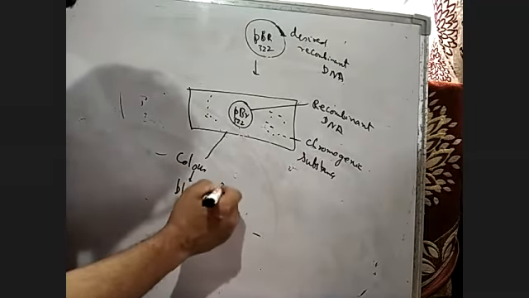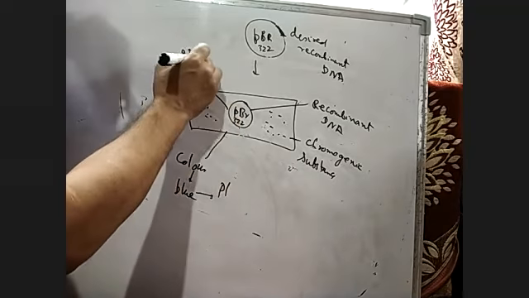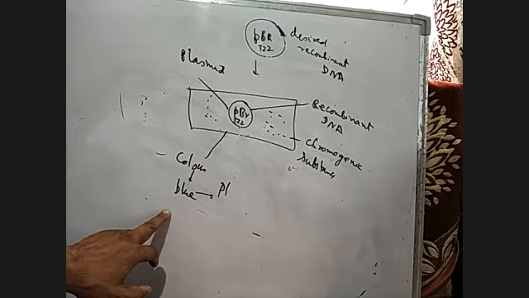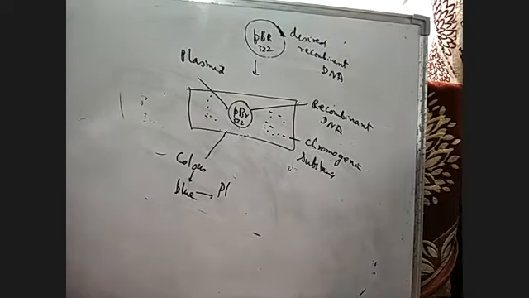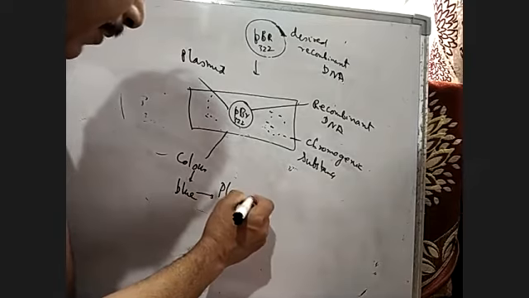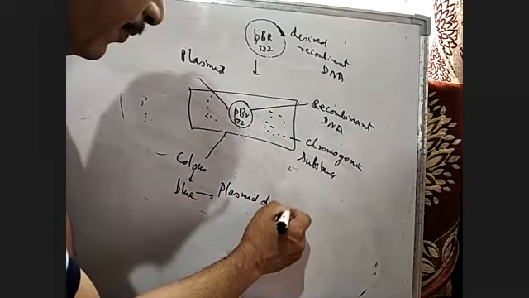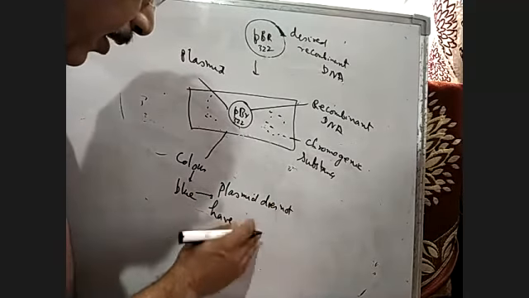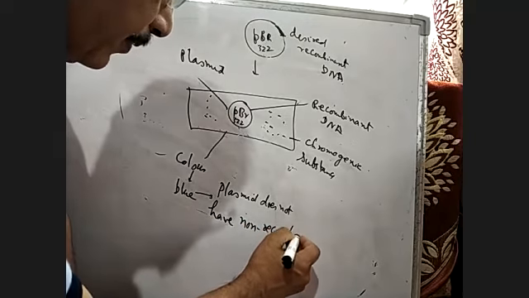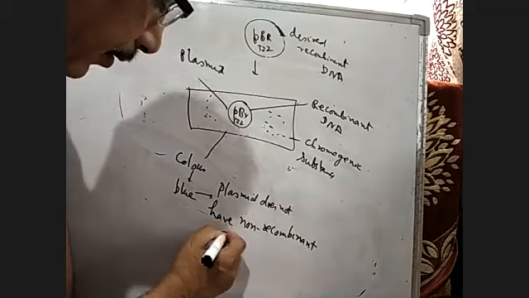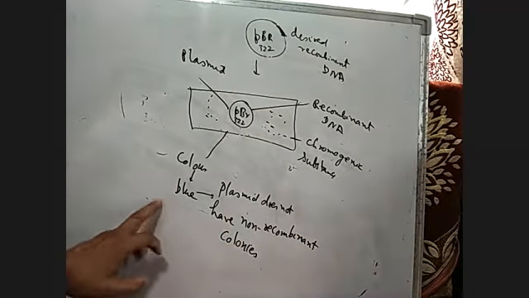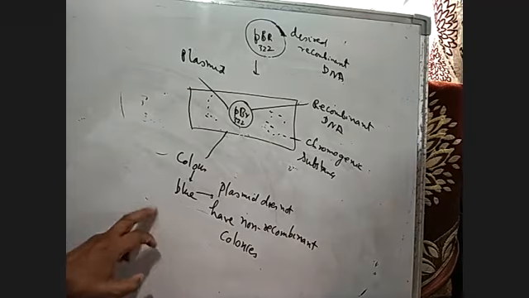When the color becomes blue, this shows the plasmid does not have recombinant colonies. Please write this in the exam, it is important.